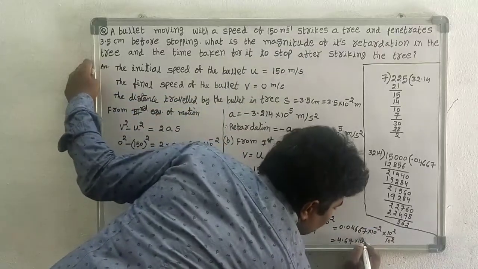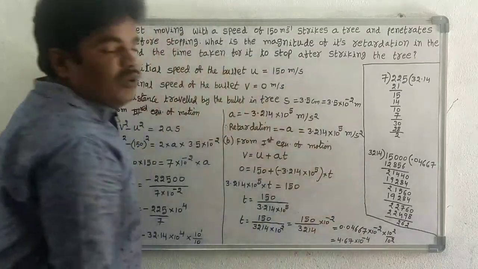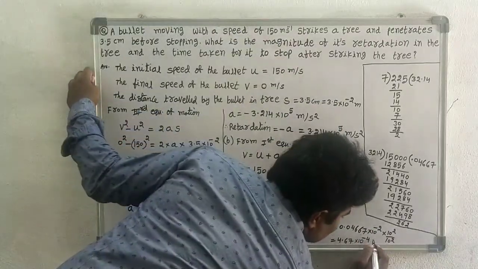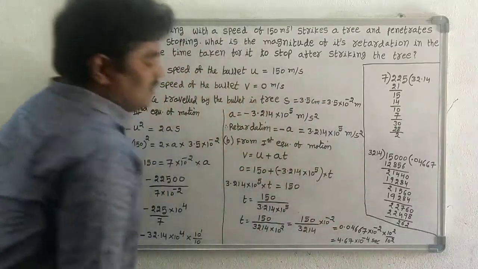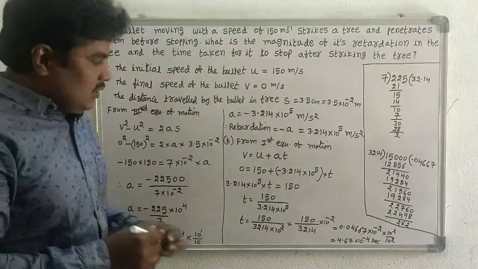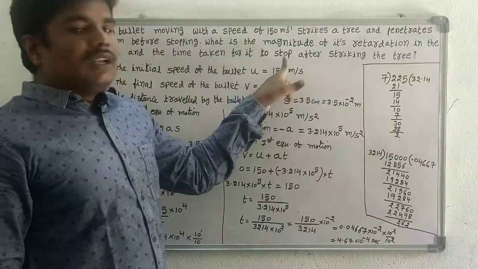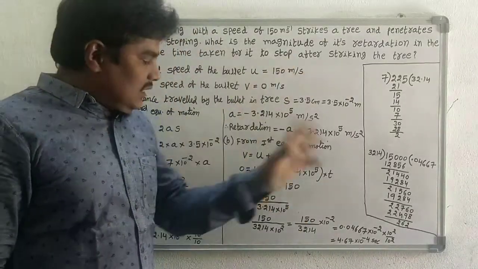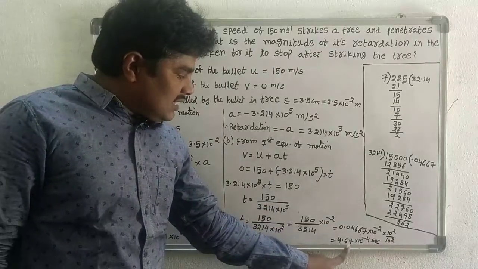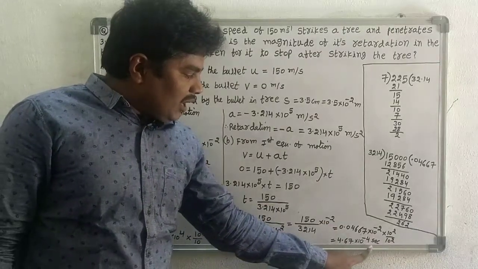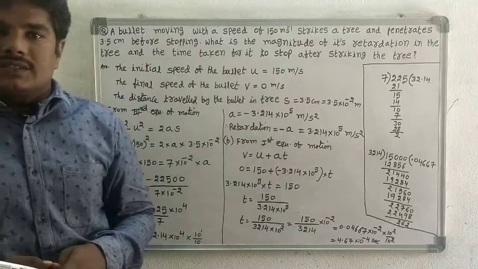Minus 2 becomes minus 4 seconds. So that is the answer. The time the bullet takes to come to rest in the tree is 4.67 into 10 to the power of minus 4 seconds.